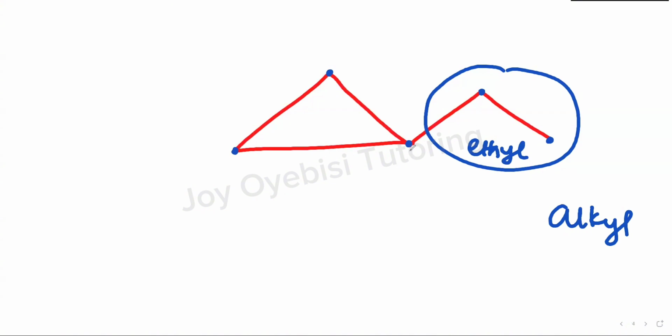So we count from the side that is closest to the substituent. So this is going to be 1, 2, and then 3. We start naming from the branch. So this is going to be 1-ethyl, and then we have cyclo, and there are 3. The prefix for 3 is prop.